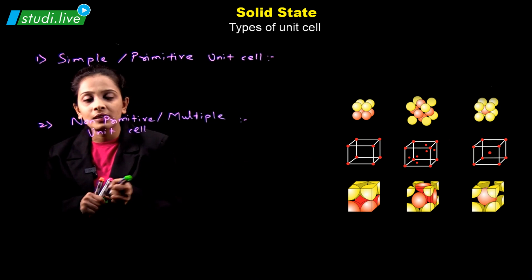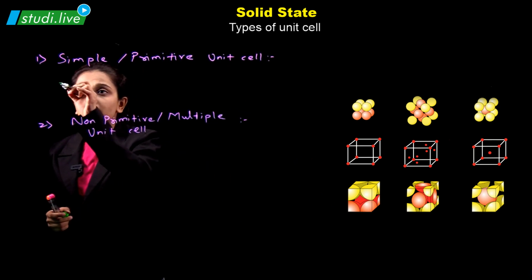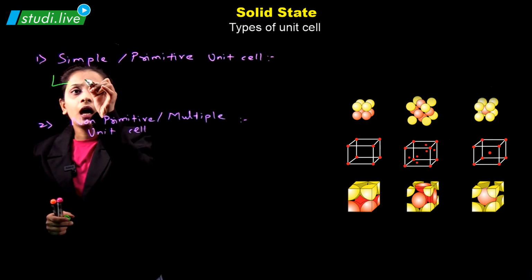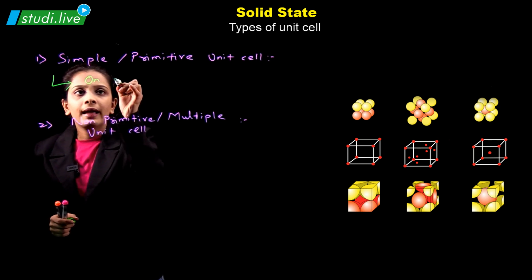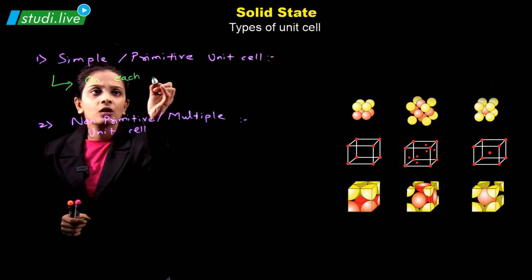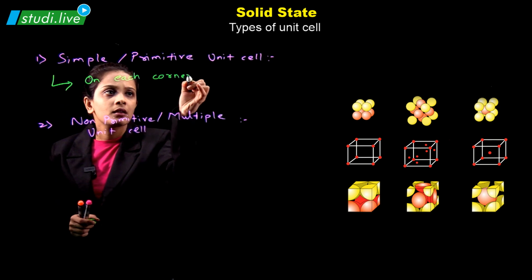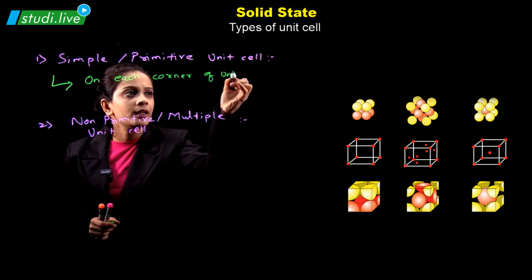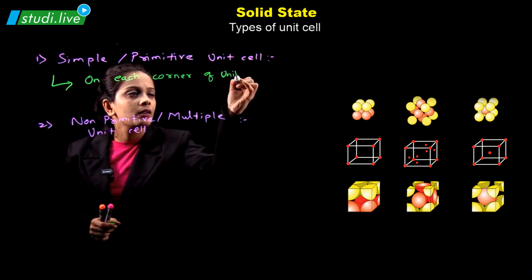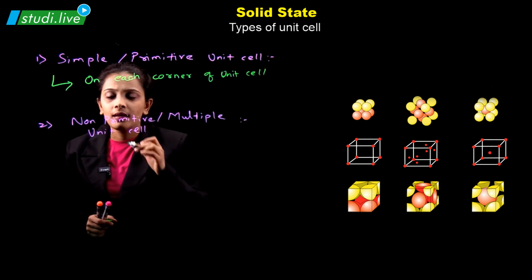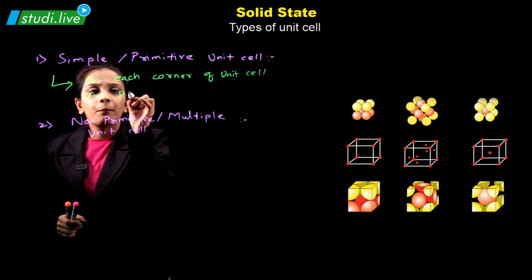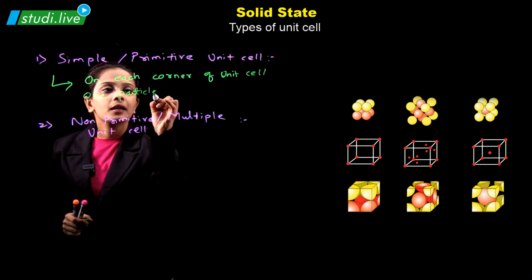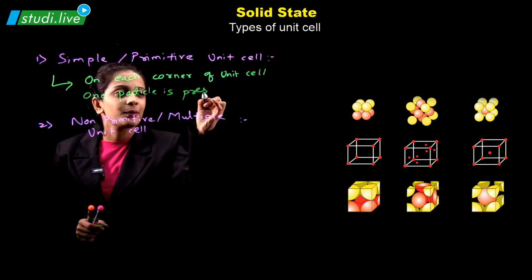So in the case of a simple or primitive unit cell, on each corner of the unit cell, one particle is present.